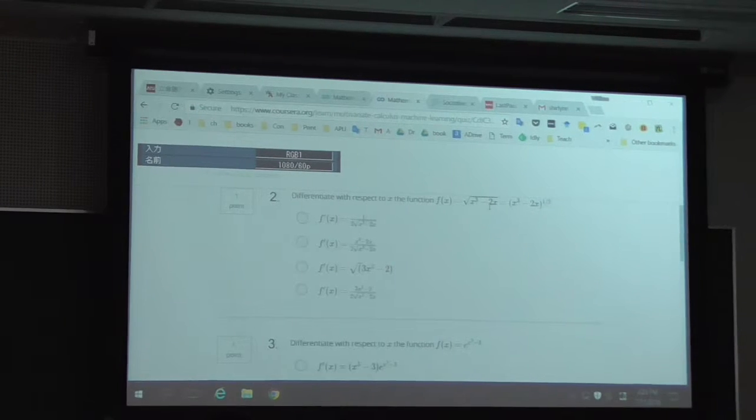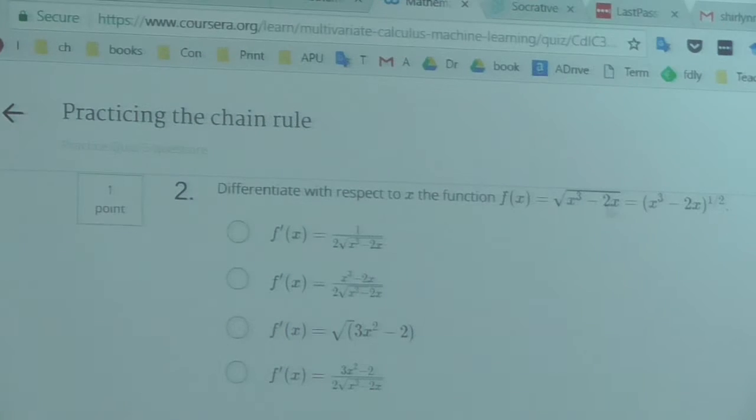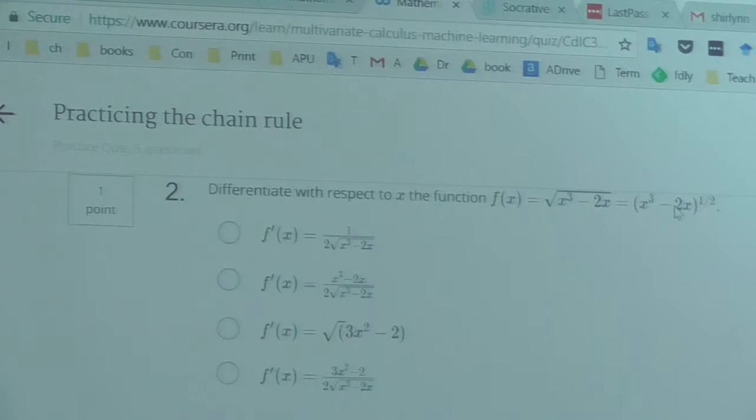Okay, this one. So do this one, the derivative of this function here, which you can also write like this.